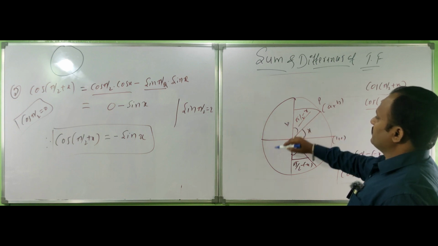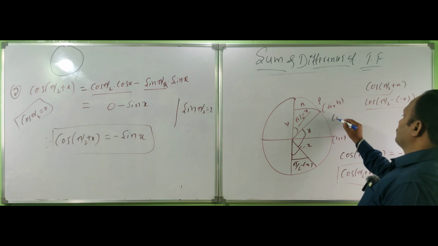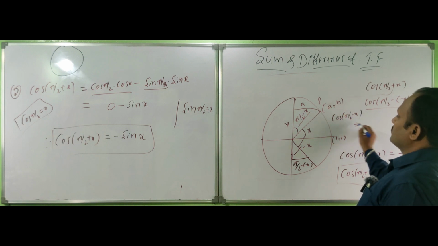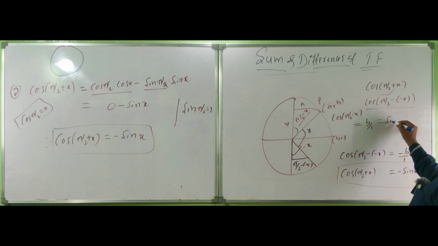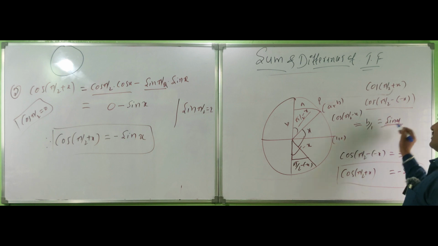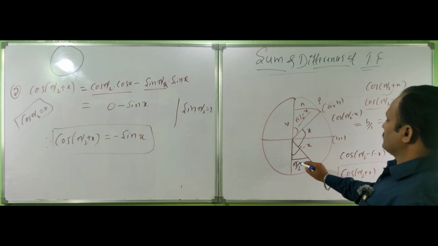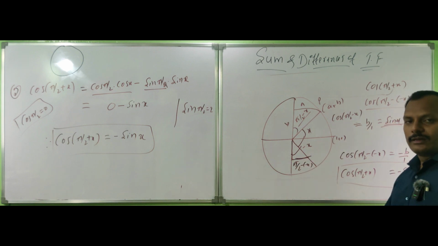This is the plus b. This is the plus a. Cos of pi by 2 minus x gives b by 1, and b by 1 gives sin of x. Simple. For sin also, sin of pi by 2 minus x gives the opposite side, the positive, a.